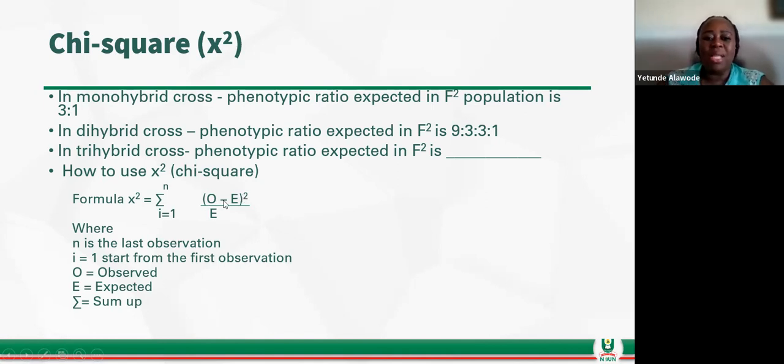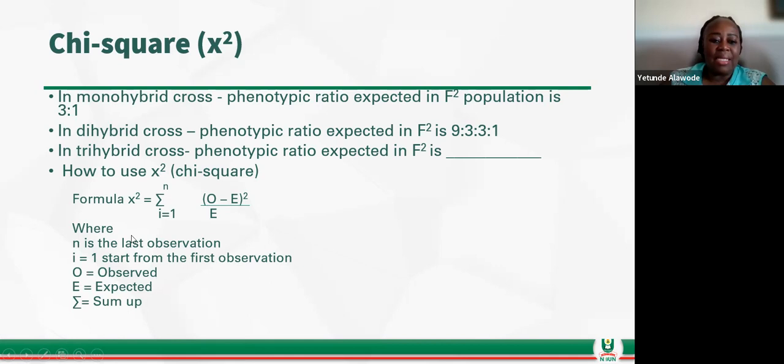That means observed minus expected, squared, you can see the brackets and the square is at the back, all over expected. This is a summation sign, an addition sign for those of you used to mathematics. Your n is the last observation, i is the first observation. Just know that O is your observed value, and E is your expected value.